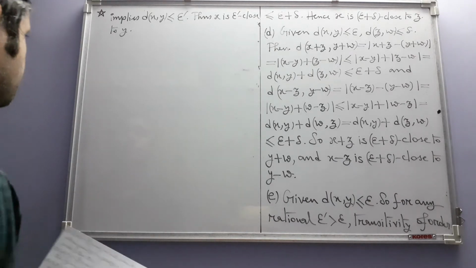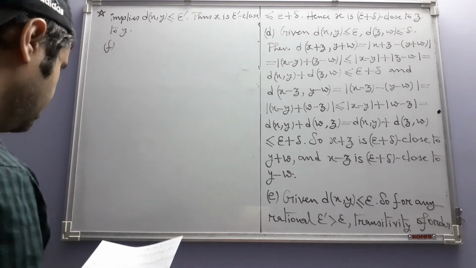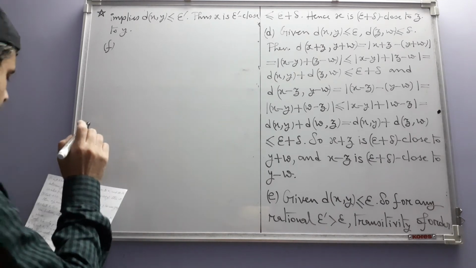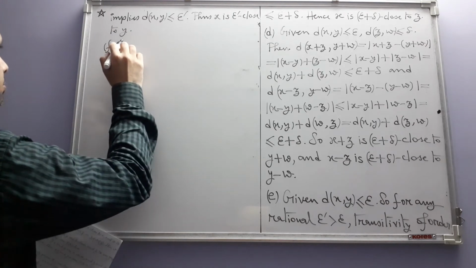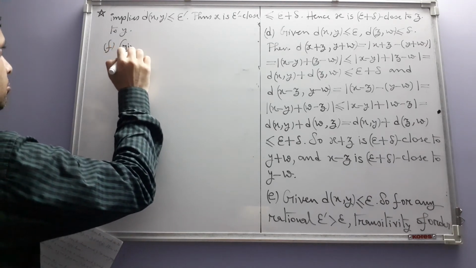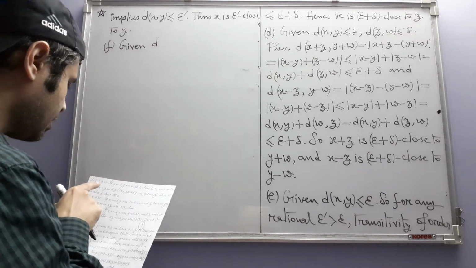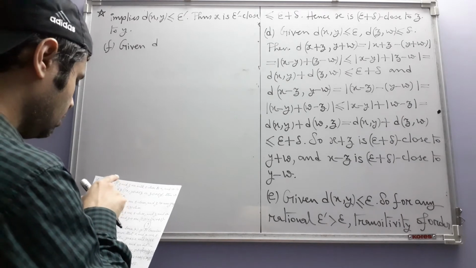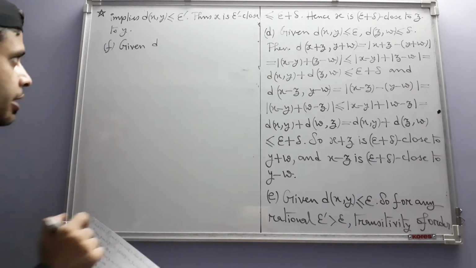We have three more parts. Part F. Part F is slightly complicated, but we will see. So in part F we are given, so let us start by writing what we are given. It is given that y and z are both epsilon close to x.